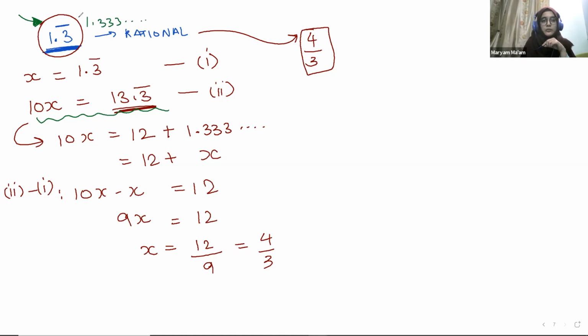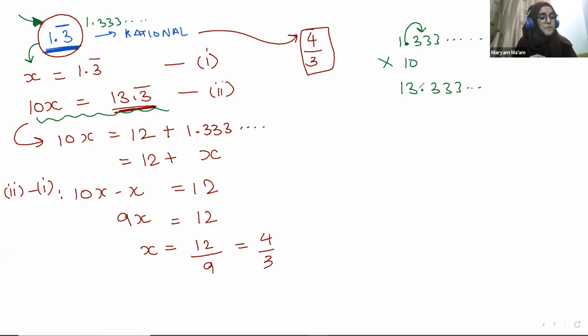So we named it x, and then we multiplied x by 10. So we got 10x is equal to, so when we multiply, you have 1.333 and so on. When you multiply this by 10, this decimal moves one place to the right. So we got 13.3333, right?